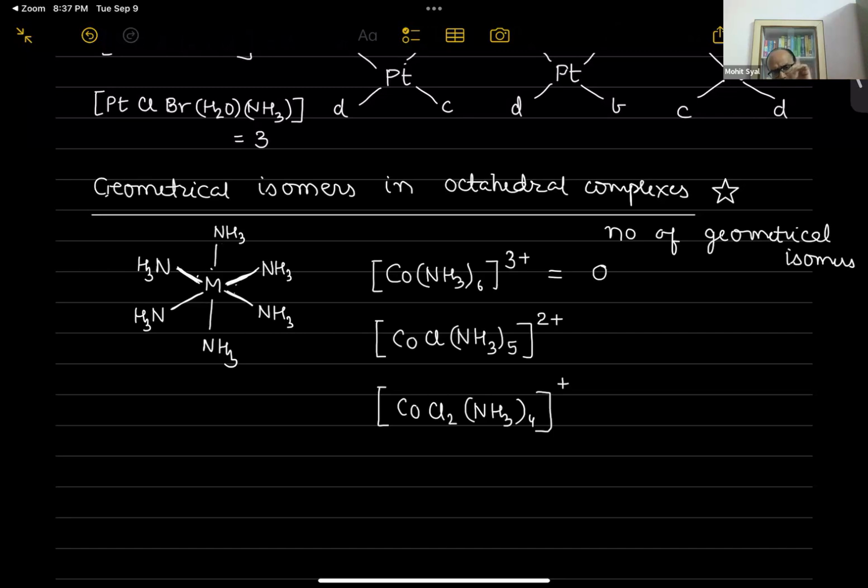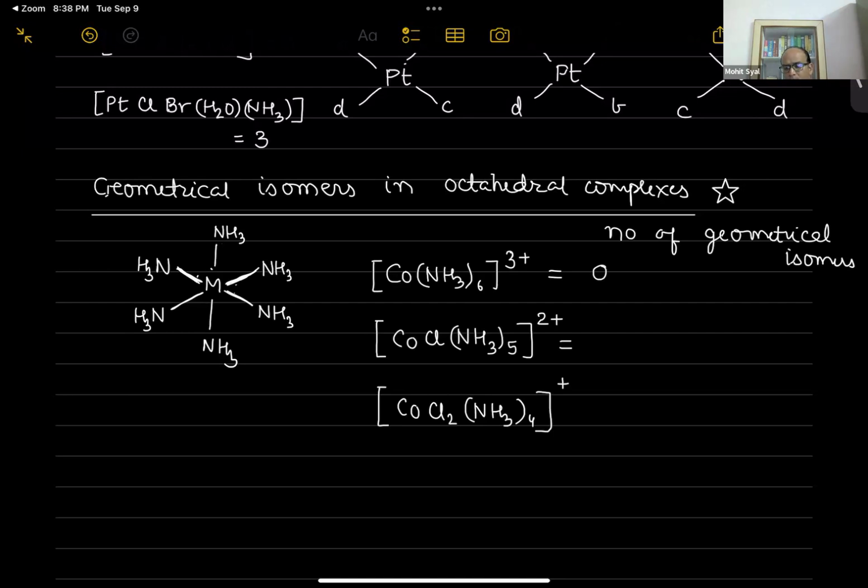Suppose you have just one ligand which is different from the rest of the 5 ligands, the second case. Can it show geometrical isomerism? No, sir.